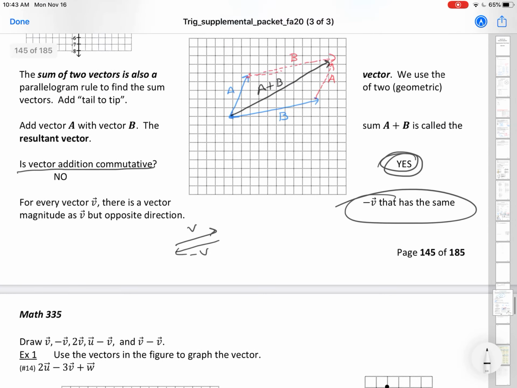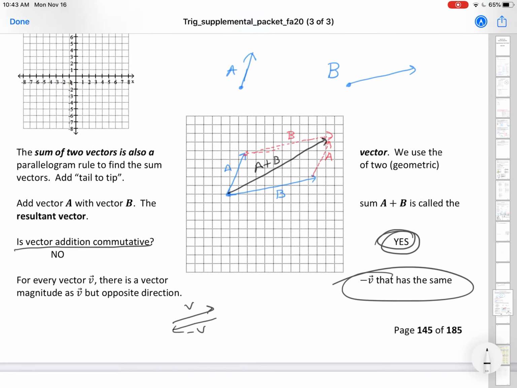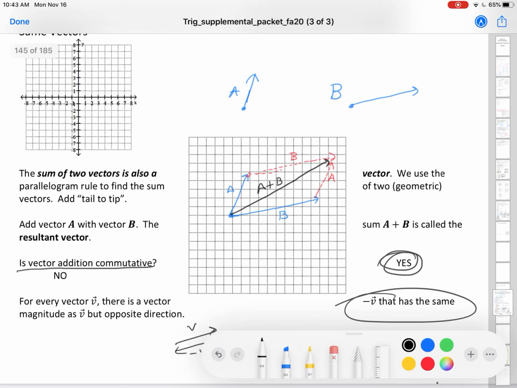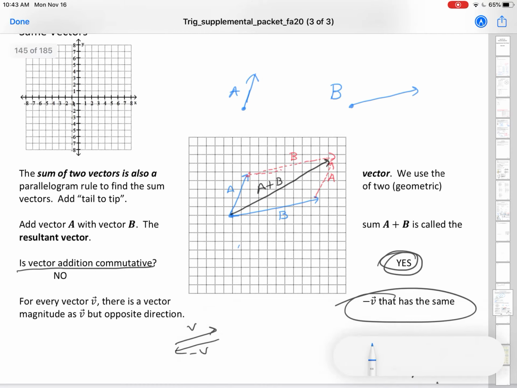So what you want to see out of this, and I'm going to come back up to here, is that the way we got the A plus B was very specific in the parallelogram nature. The other way to do addition, which may be more helpful here, is for us to go back to blue. And I'll draw the A to the best of my ability right down here with its initial point here.